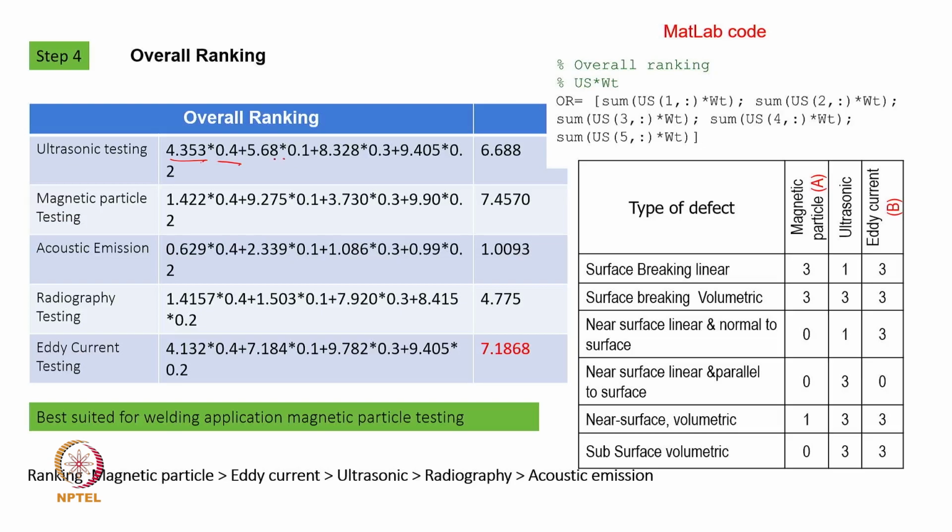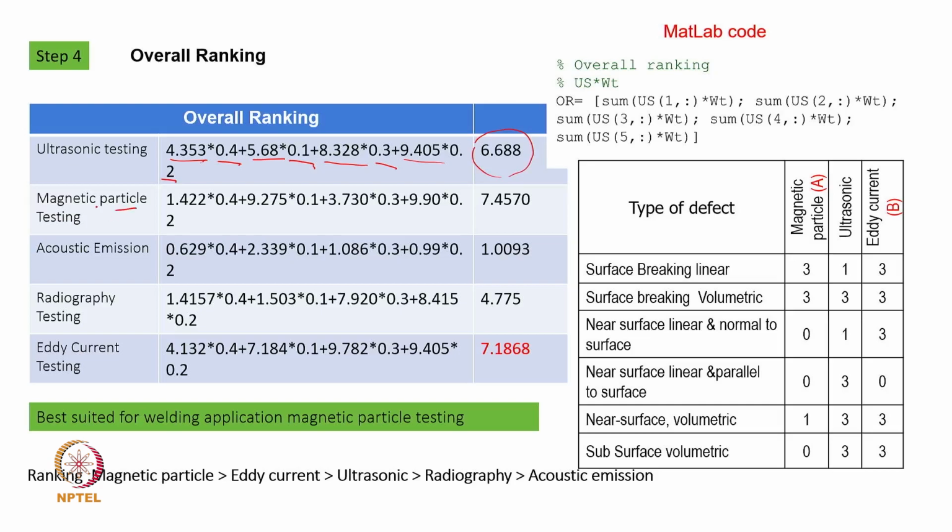Then the next rating was 5.68 multiplied by 0.1, the third one was 8.328 multiplied by 0.3, and the last one is the 9.4 utility score multiplied by 0.2. So, the overall score comes out to be 6.688, out of 10.